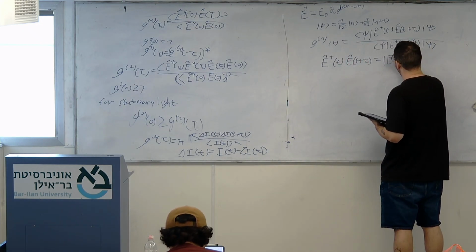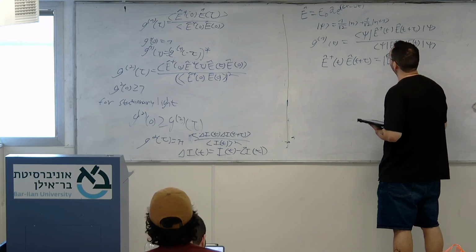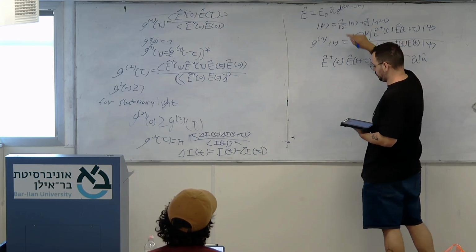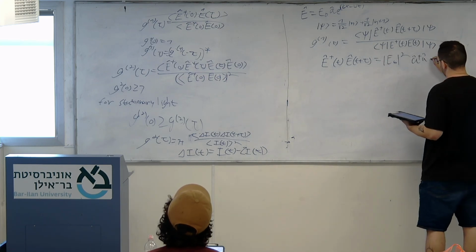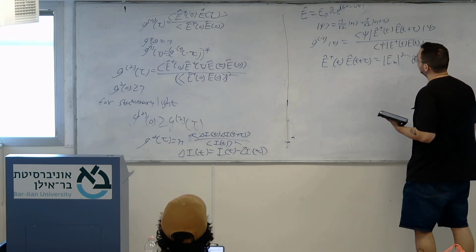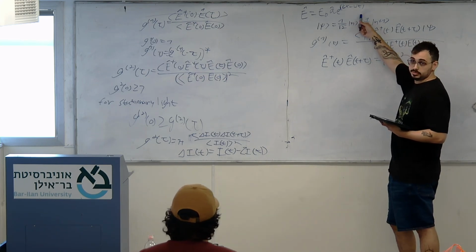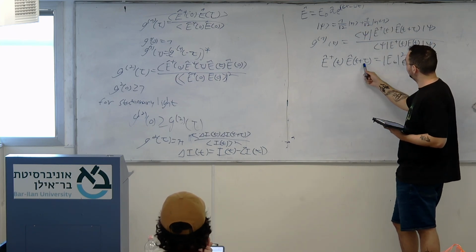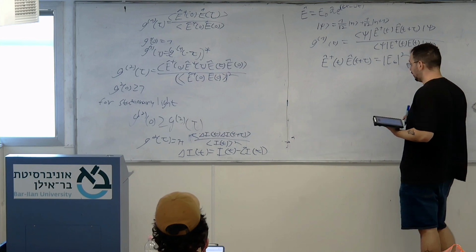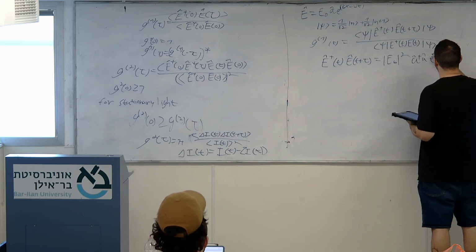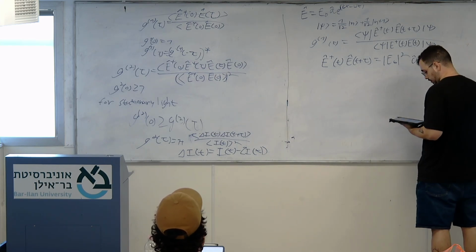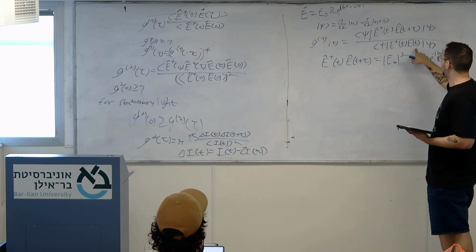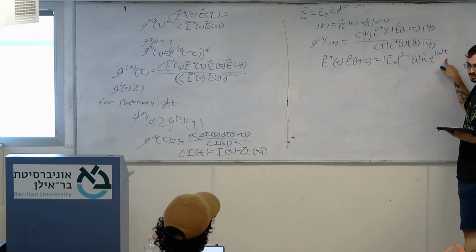absolute value squared of E0, right, times a dagger a, the operators here, times e to the minus i omega tau. These terms will cancel each other out from the dagger and non-dagger, and then this tau will just add a little bit of a phase term here. And of course, the bottom part will be exactly the same without this exponent.